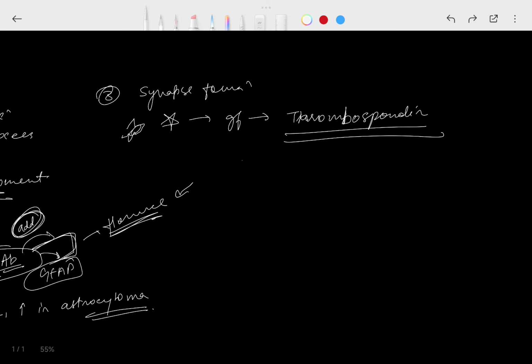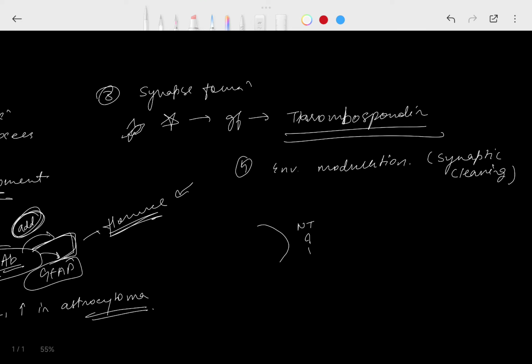The fourth one is environmental modulation, or synaptic cleaning. There are many neurotransmitters and ions in the synapse which are cleared by astrocytes, by moving them into the perivascular space.